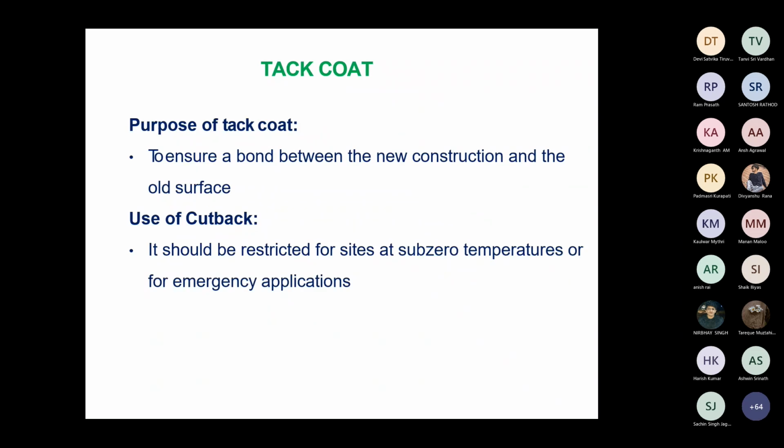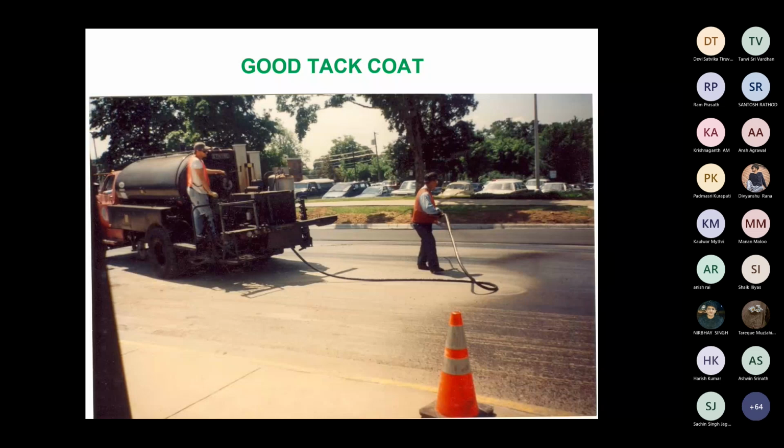Tack coat: its purpose is to ensure the bond between the new construction and the old surface, or between two bituminous layers. You can use cutback, but it should be restricted to sites at sub-zero temperature or emergency applications. Whenever you are providing tack coat, kindly make sure that it is spread uniformly throughout.